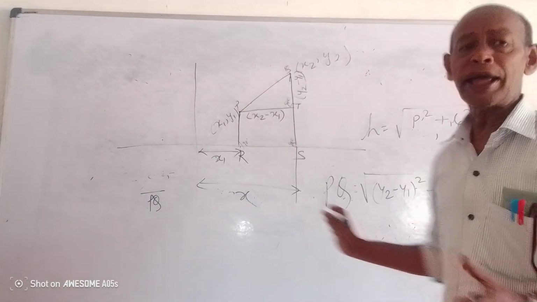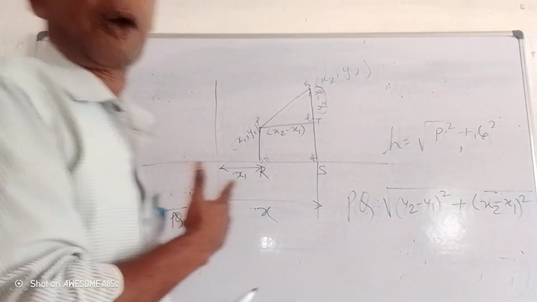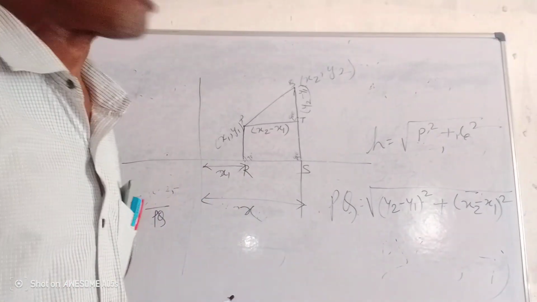This is the formula you can use to find the length of a straight line when the coordinates of its extreme points are given.